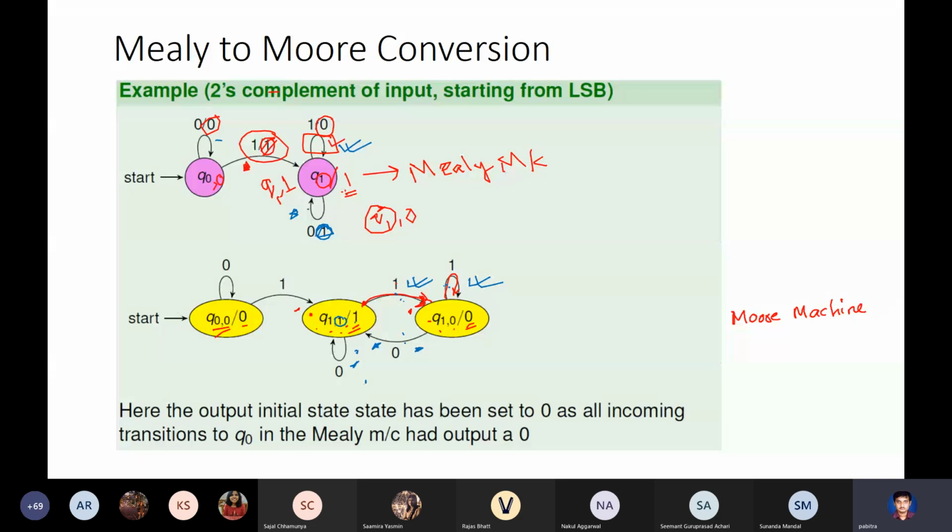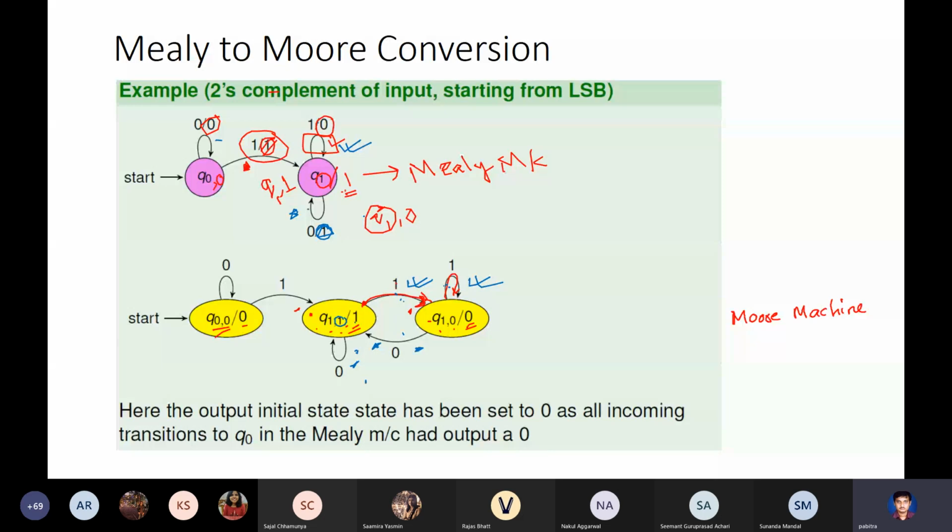Each of the self loops, there are two edges which end in Q1. This edge is already taken care of. So there are two remaining edges which end in Q1. Each of them splits into two different edges, and depending on the output on each of these edges, the destination node of each edge is determined.